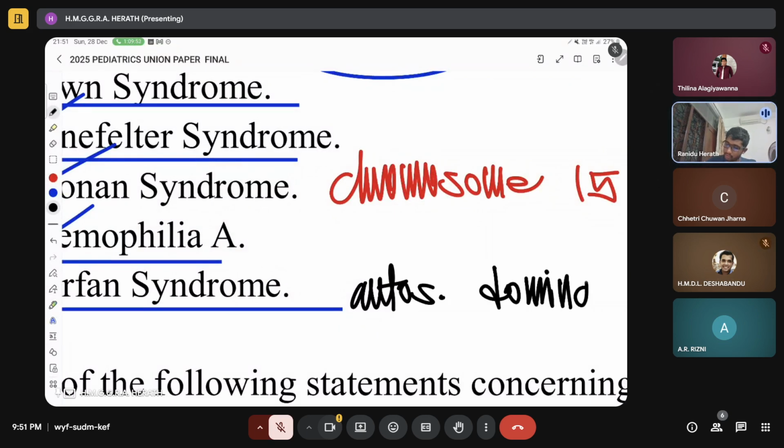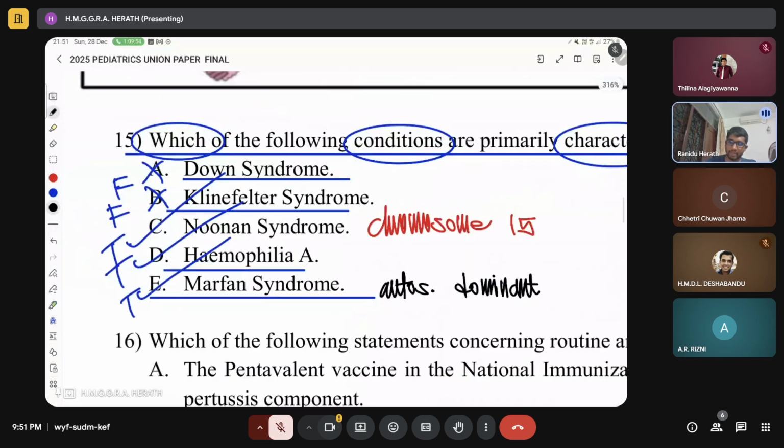What are the features of Noonan syndrome? What sort of cardiac condition do you get in Noonan syndrome? You guys are so quiet. What sort of cardiac condition do you get in Noonan syndrome?